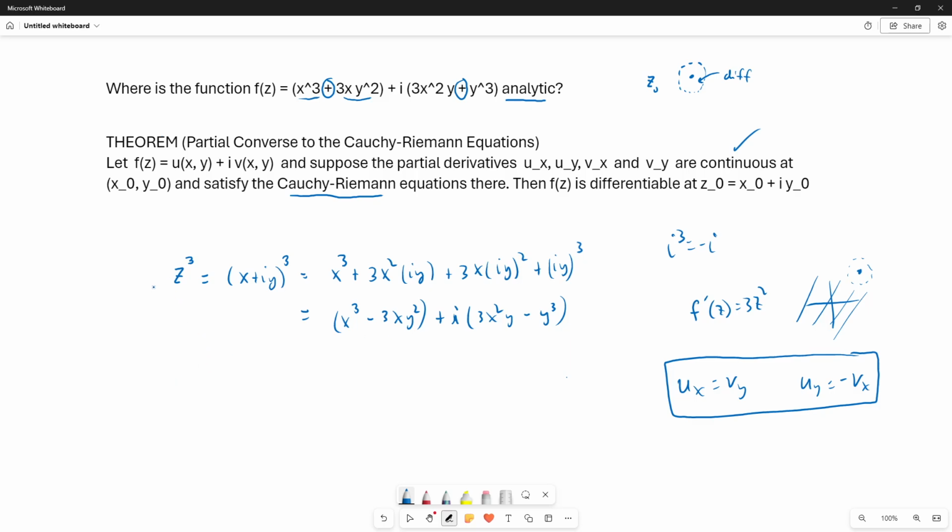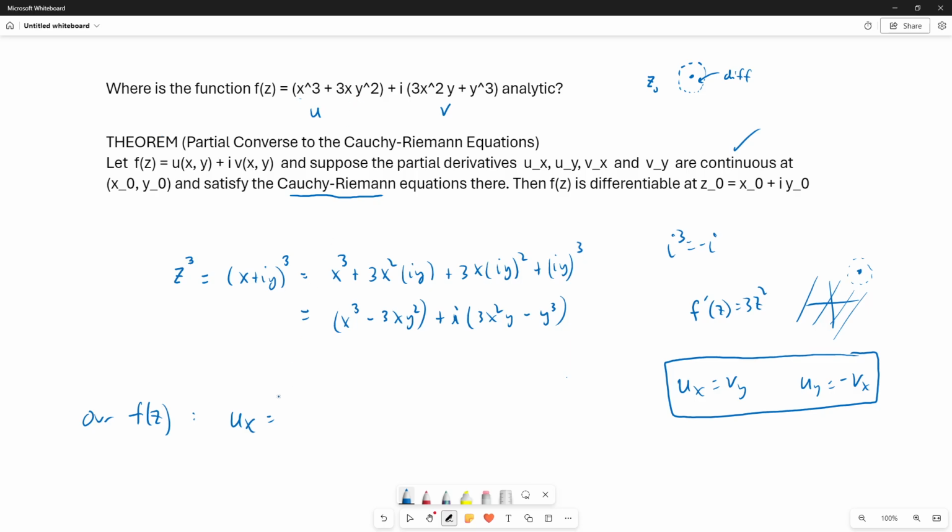Okay, so our f of z, I shouldn't have used f here for this function, but our f of z here has u sub x equal to, let's erase some of these extra markings here, u sub x is, this is u, and this is iv.